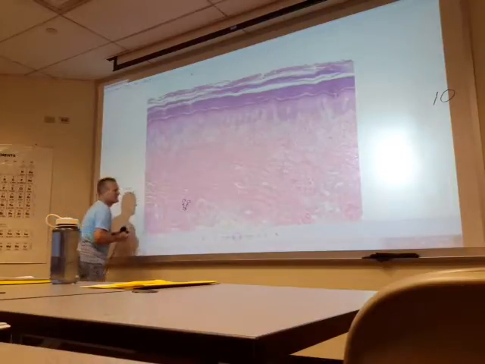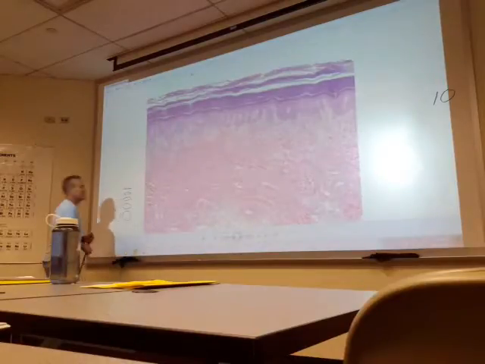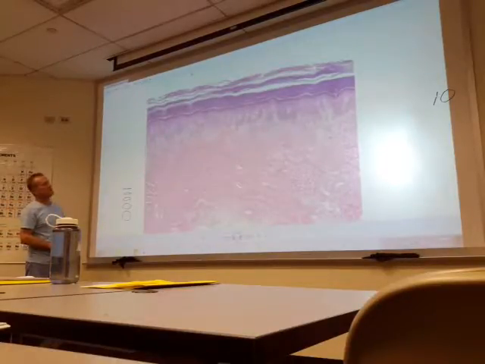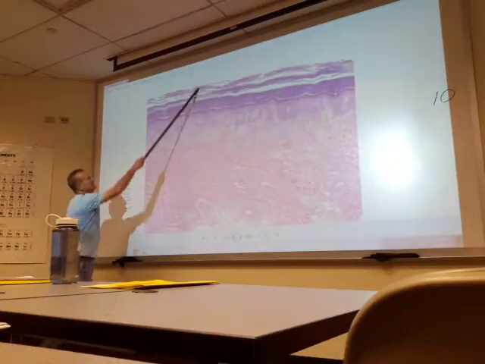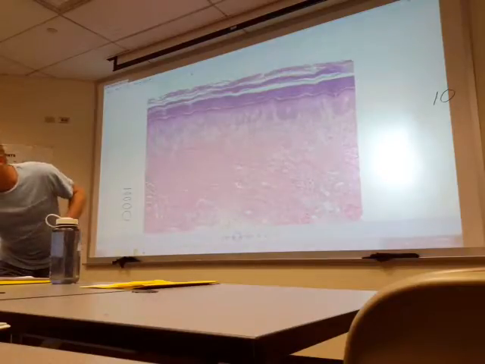The reason for the different colors in the epidermis is, well, they use a differential stain, kind of like with the pancreas slides. We have the differentially stained pancreas slides that make it very easy to see the islet cells, and the non-differentially stained, where the islet cells are just a little more difficult to pick out. But through differential staining, you can pick out the different layers of the epidermis.